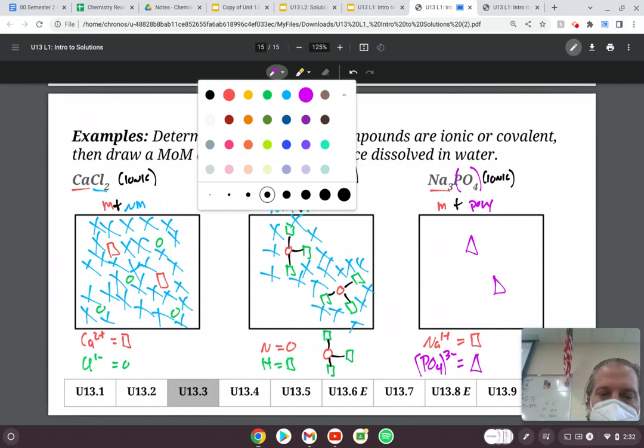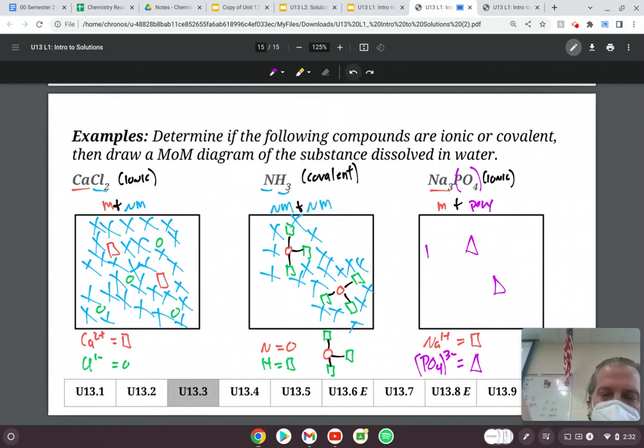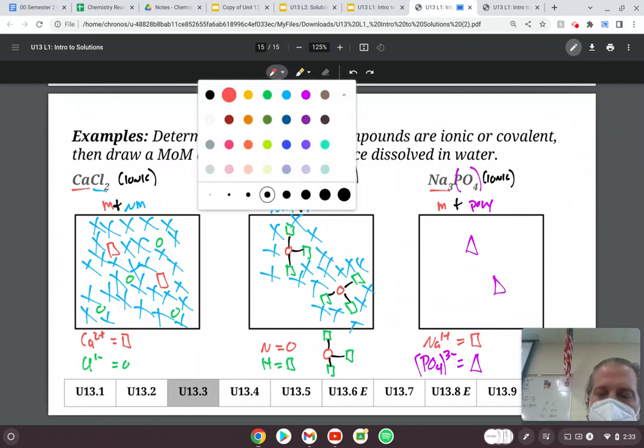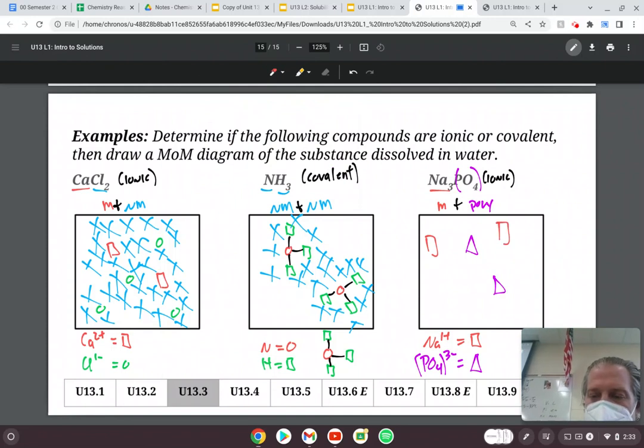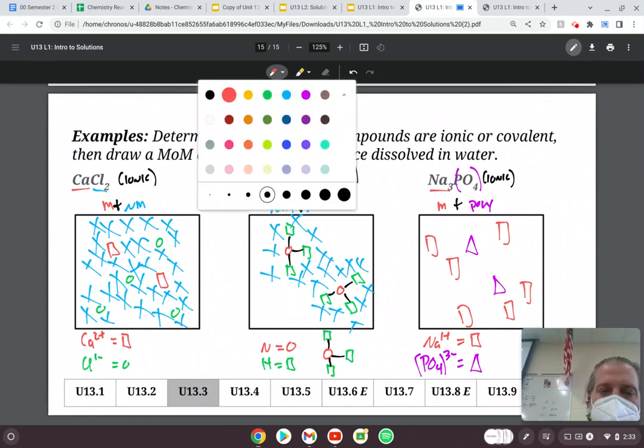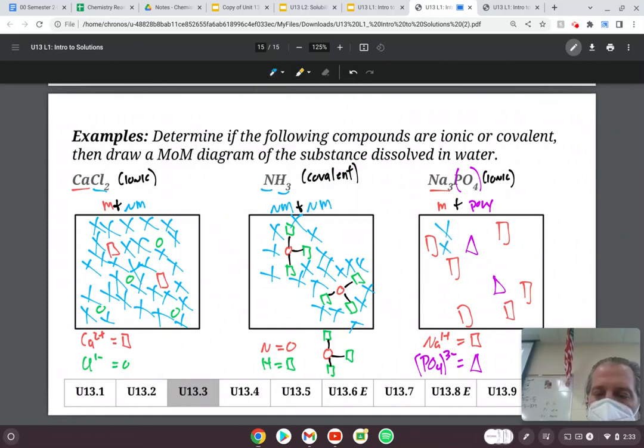And I'm going to do an appropriate amount of sodiums to support that, which in this case would be 6, because it's 3 for each triangle. And then I'm going to show that there's water surrounding all of them. Just like that.